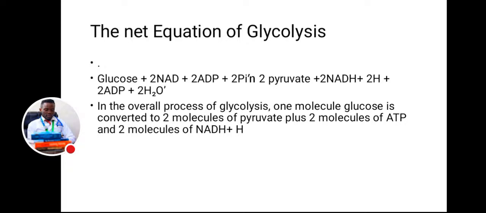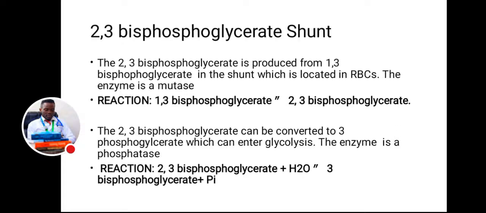So this one gives us 2 pyruvate plus 2 NADH plus 2 hydrogen plus 2 ATP plus 2 water molecules. So the overall process of glycolysis: one molecule of glucose is converted to 2 molecules of pyruvate plus 2 molecules of ATP and 2 molecules of NADH plus hydrogen.